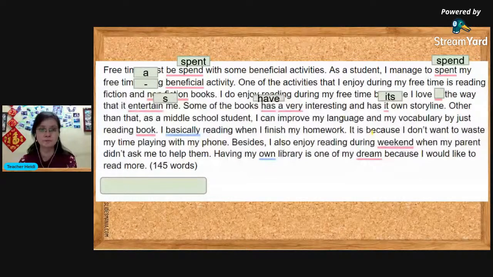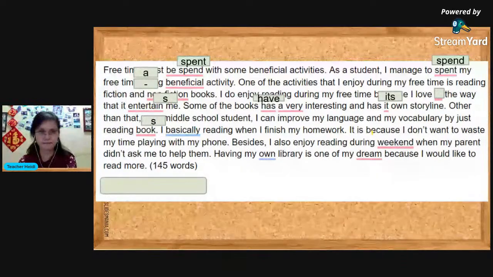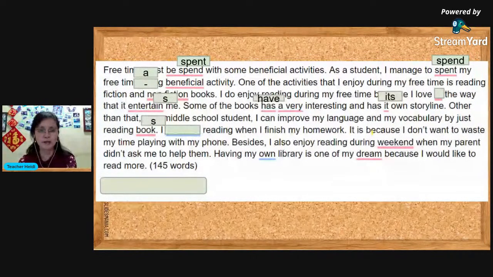Other than that, as a school student, I can improve my language and my vocabulary by just reading books. I do my reading when I finish my work. It is because I don't want to waste my time playing with my phone.